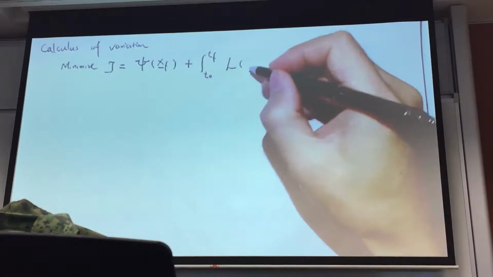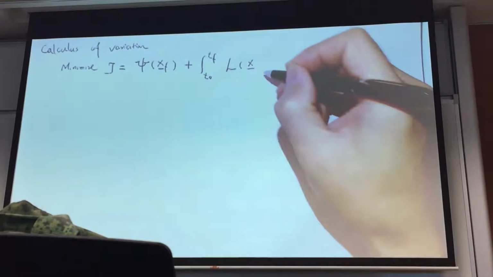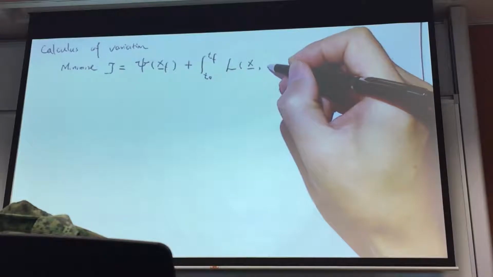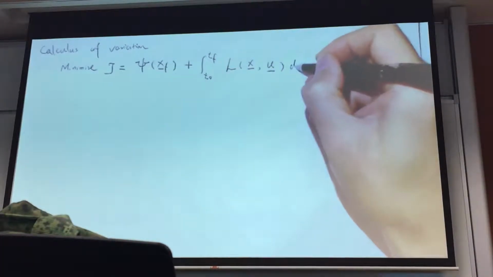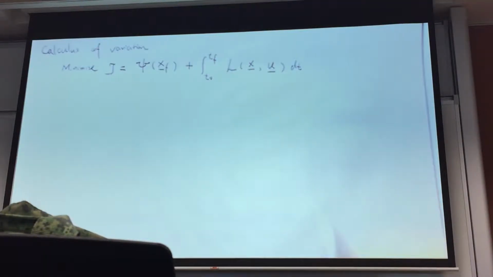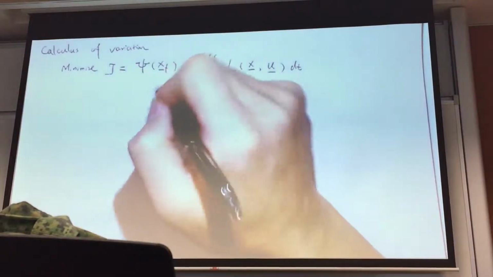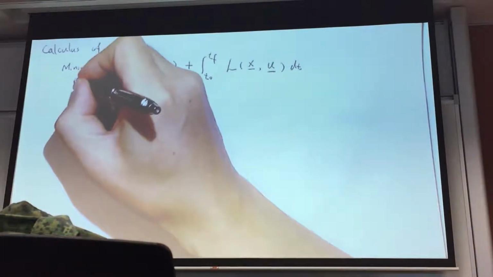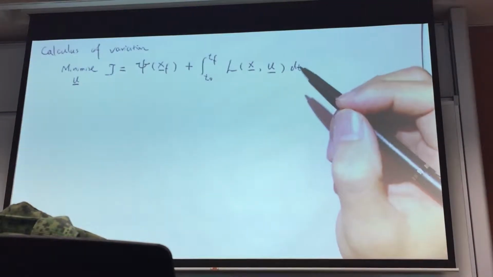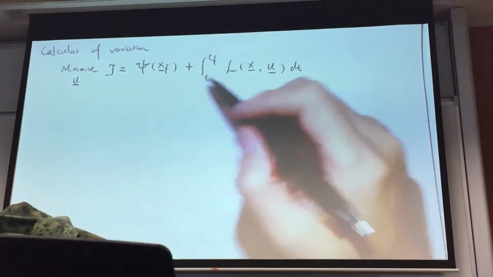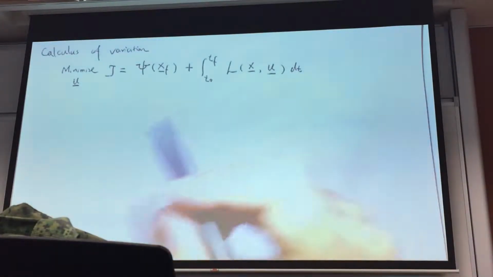This function typically depends on the state vector as well as on the control input. We minimize this cost function using the control input. These are the cost function that we want to optimize in the process of designing the path.